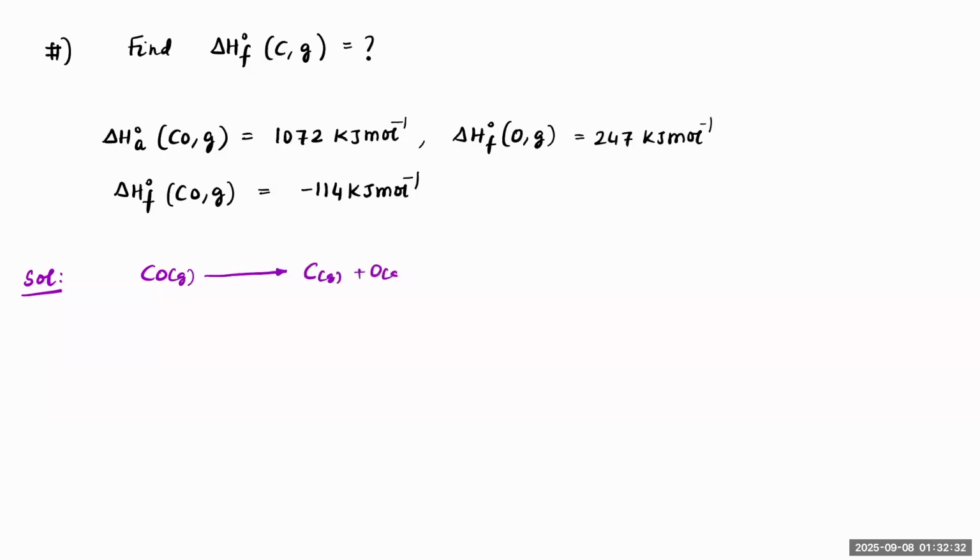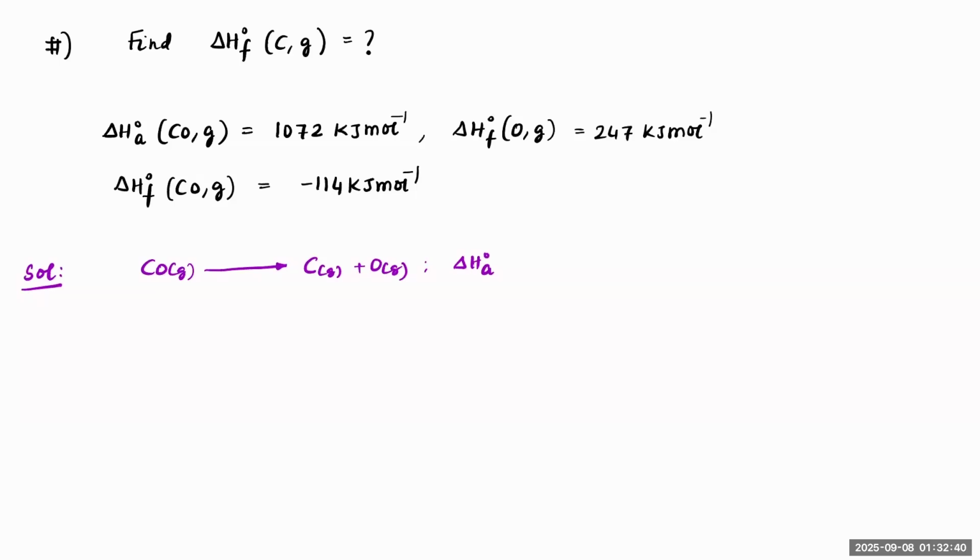For this, delta H of atomization value is given. Second, formation of O: half of O2 gas is converting into O gas. This is the formation of O. Okay. This one is given as well.